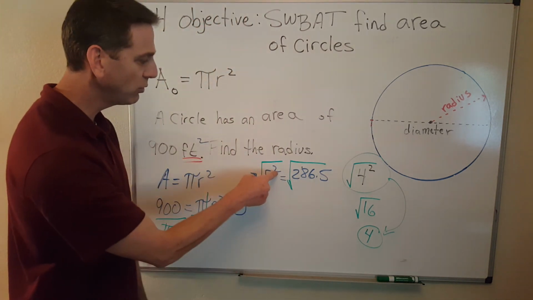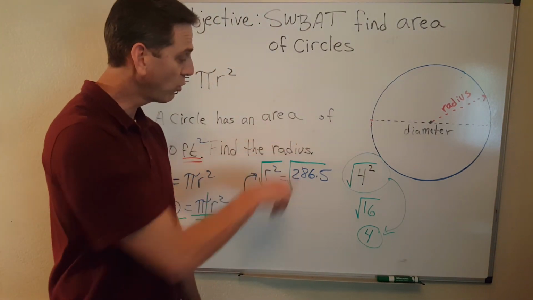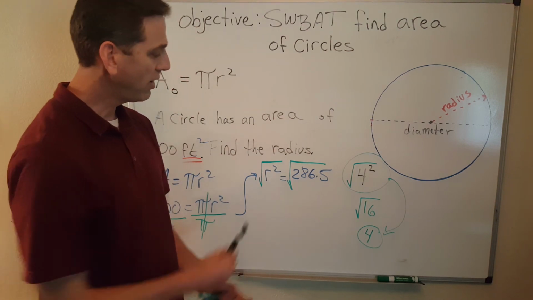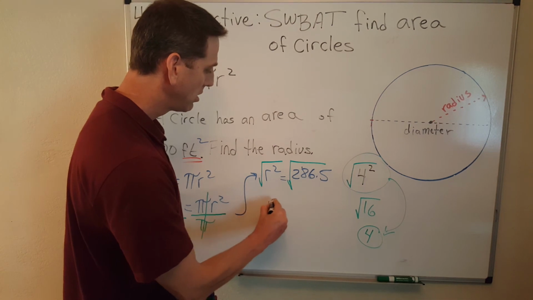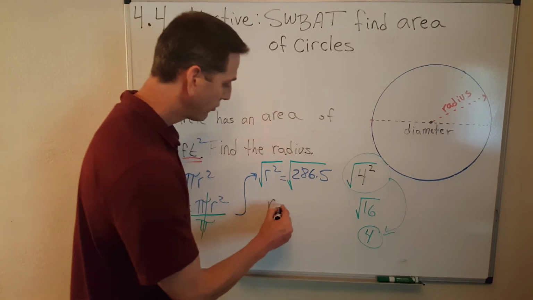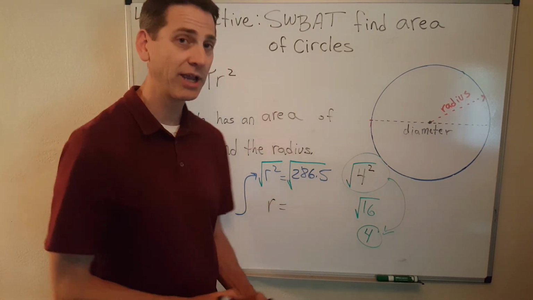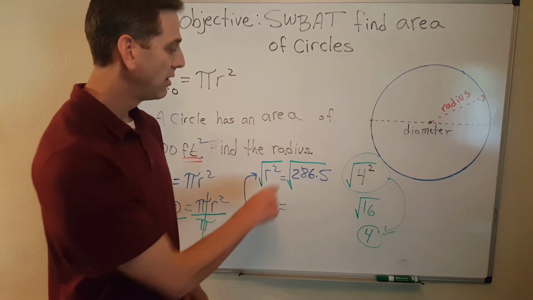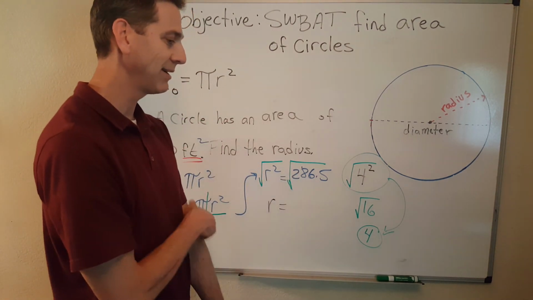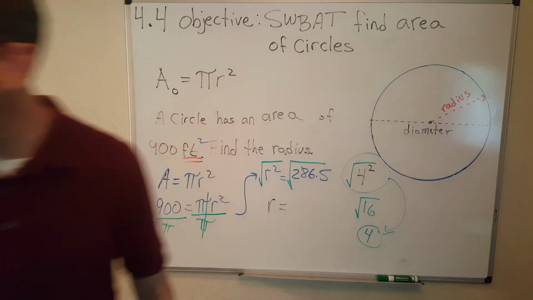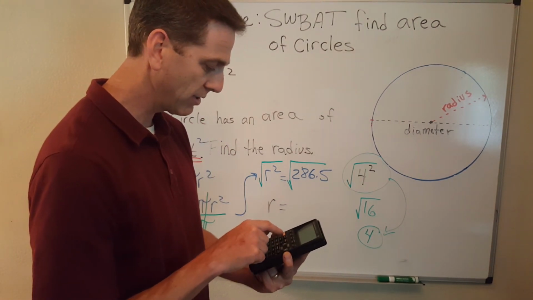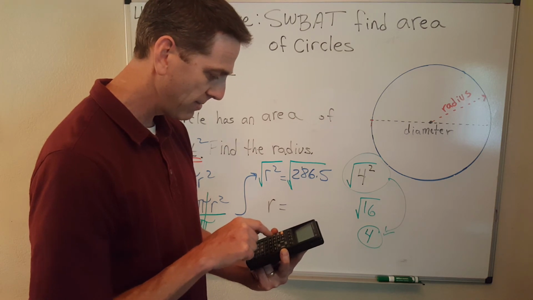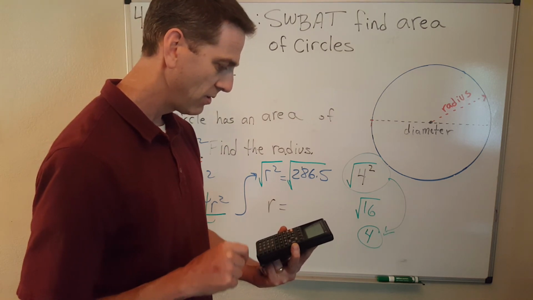So in this case, we want to get rid of that square, so we take the square root. The square root of r squared is r. So r equals, and this is where a calculator really comes in handy, the square root of 286.5.